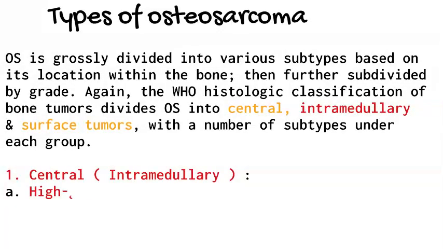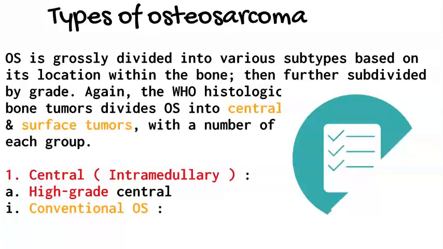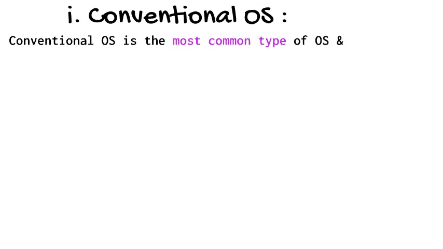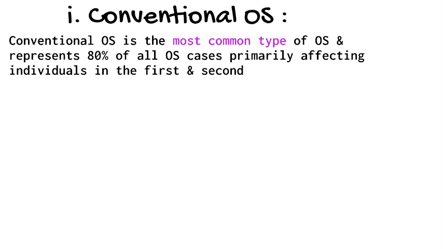For number 1, central or intramedullary, a high-grade central is conventional osteosarcoma. Conventional osteosarcoma is the most common type of osteosarcoma and represents 80% of all osteosarcoma cases, primarily affecting individuals in the first and second decades of life.